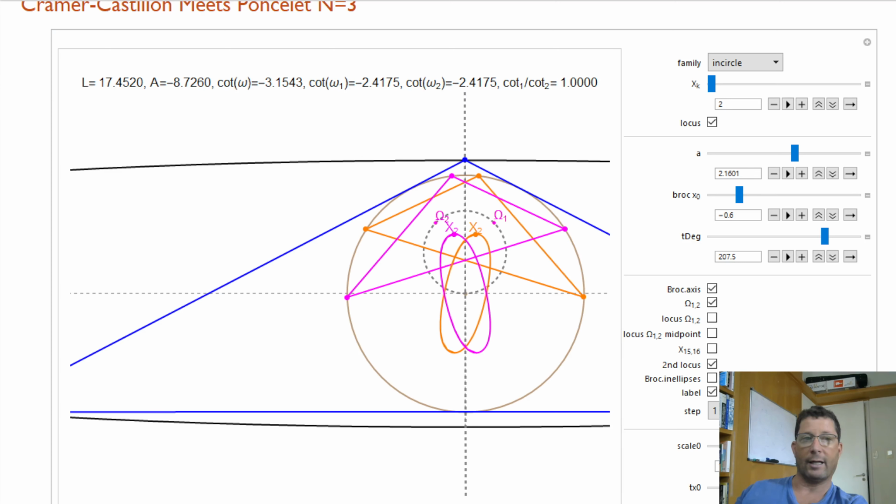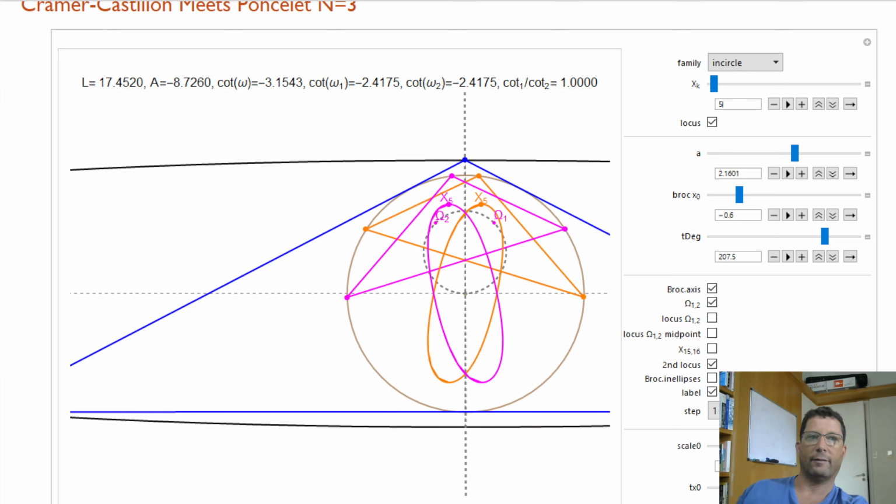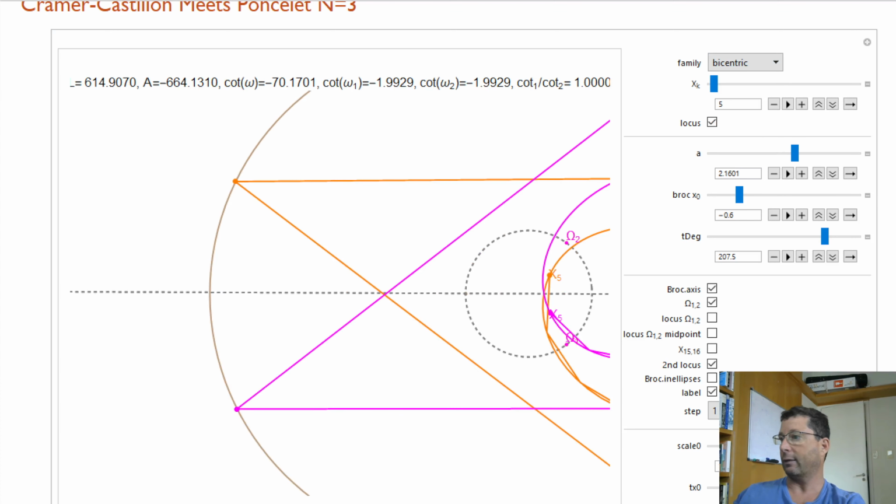Nor are the loci of the barycenters, which are not shared. The circumcenters, by definition, fall on a point. Nor are the loci of the orthocenters, nor are the loci of the centers of the Euler circles. How about in the case of the bicentric pair, which we were looking at before?